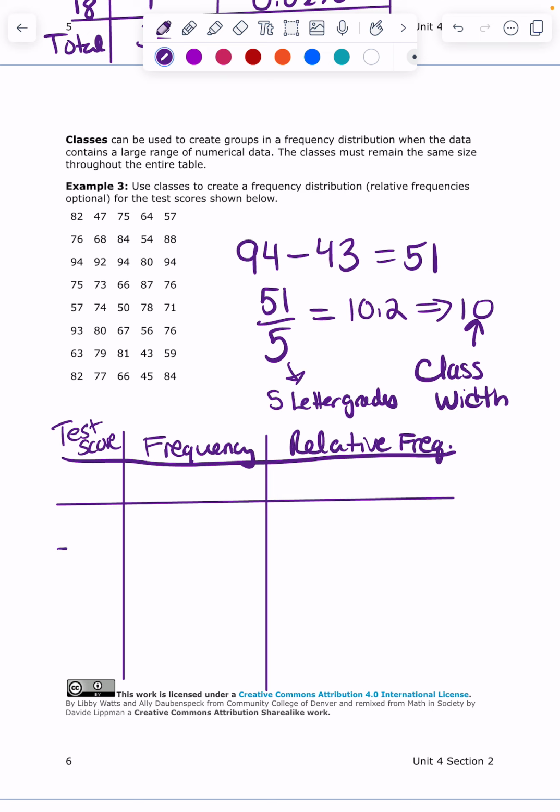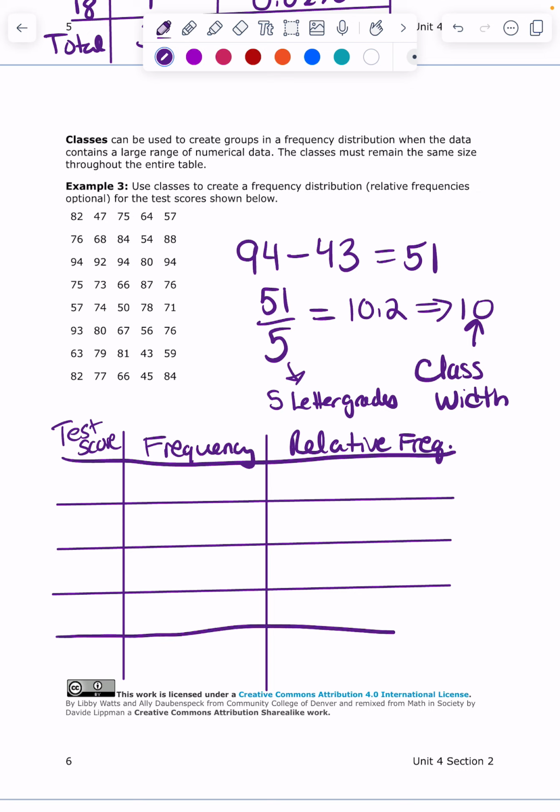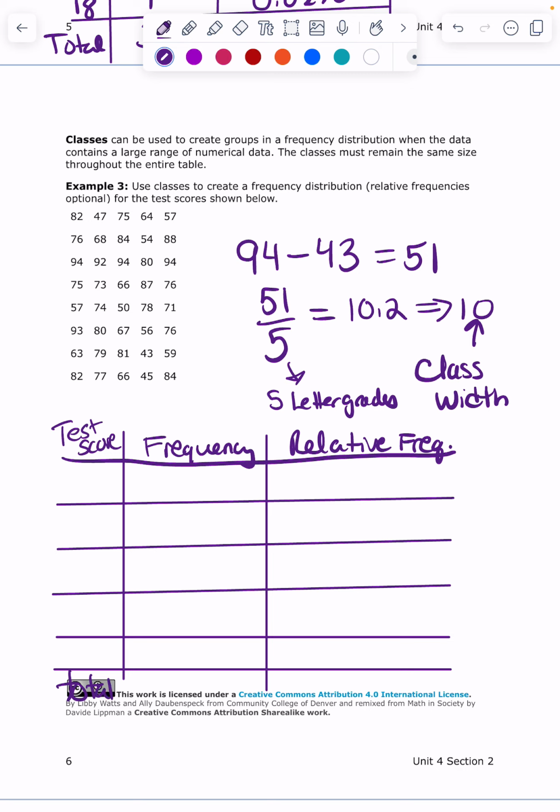I know that I'm going to have 5 different groups. That's 3 and 4 and 5. I didn't leave a whole lot of room for the total that I'm going to write over this picture. For this one, there's 40 scores, so it should add up to 40.